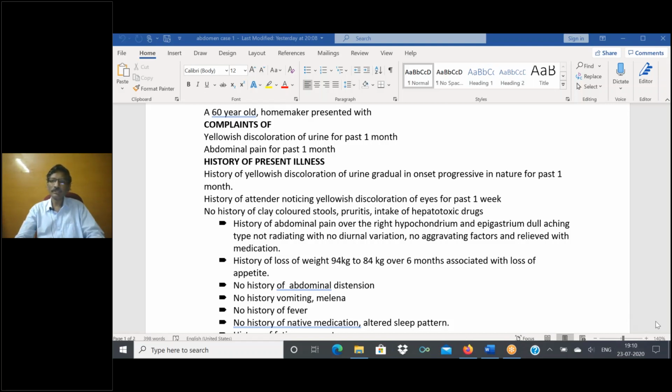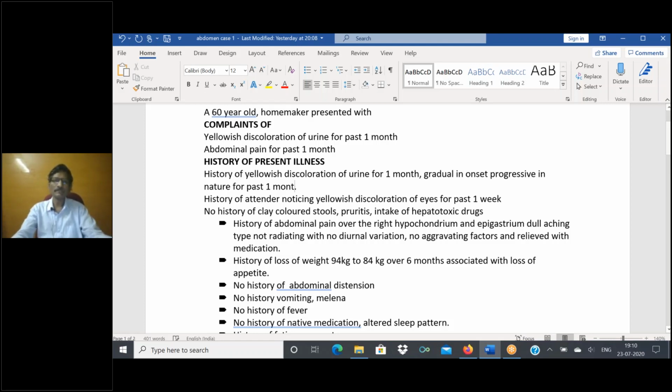So history of yellowish discoloration of urine for the last 1 month. So you have to tell the duration first. Okay, I'll just correct it. History of yellowish discoloration of the urine for 1 month, gradual in onset and progressive.